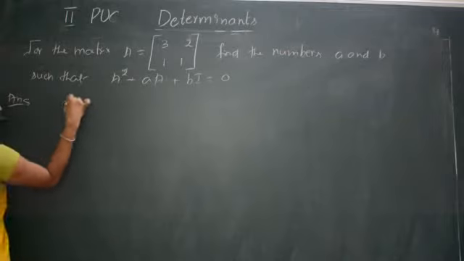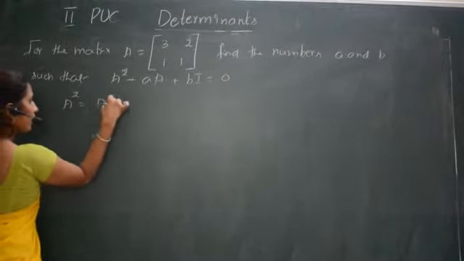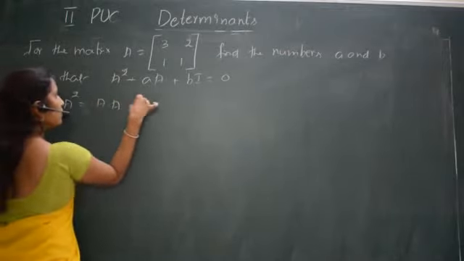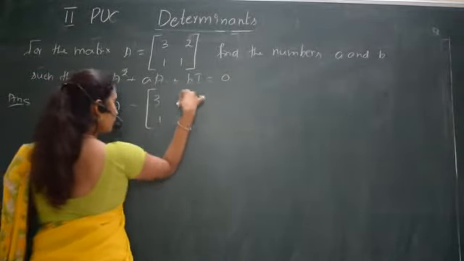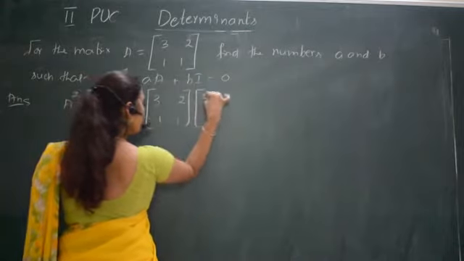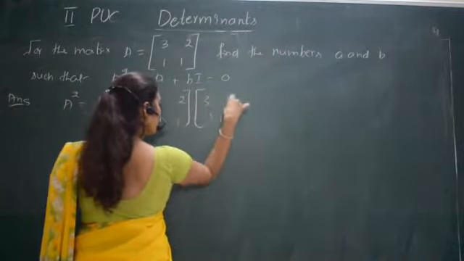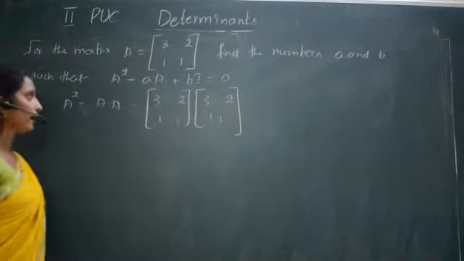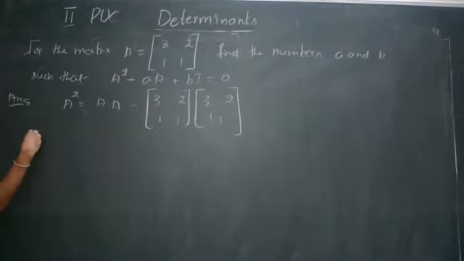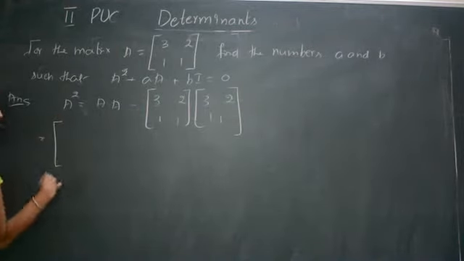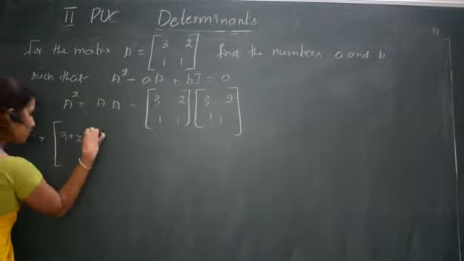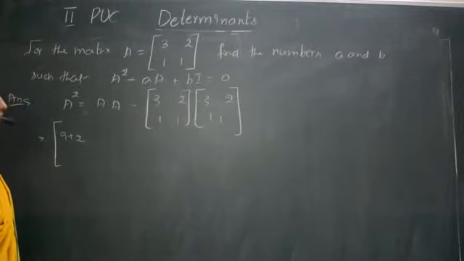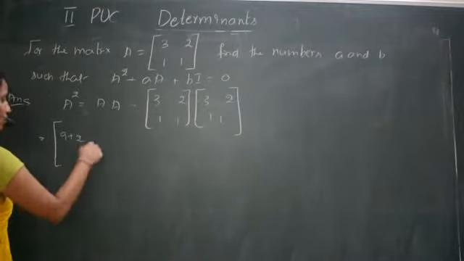A square is equal to A into A, so this will be equal to [3 2; 1 1] into [3 2; 1 1]. First row, first column: 3 into 3 is 9, 9 plus 2. First row, second column: 3 into 2 is 6 plus 2.